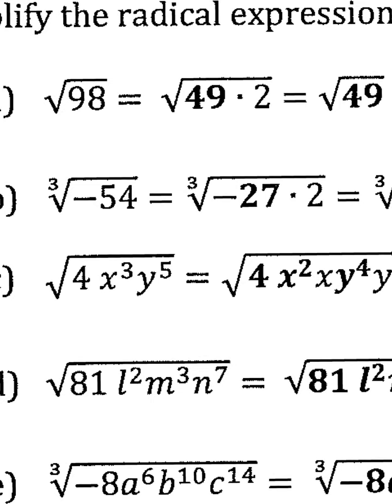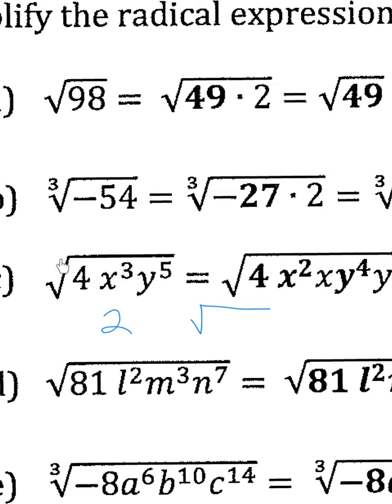I will first look at the coefficient, which is a perfect square. I know the square root of 4 is 2, so I'm going to write a 2. And then I'm going to put my radical way over here. And then I'm going to look at this variable exponent and divide by the index. How many groups of 2 can I make out of 3 x's?